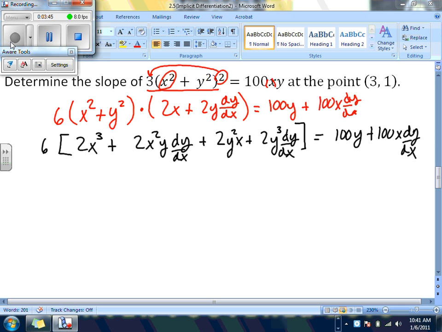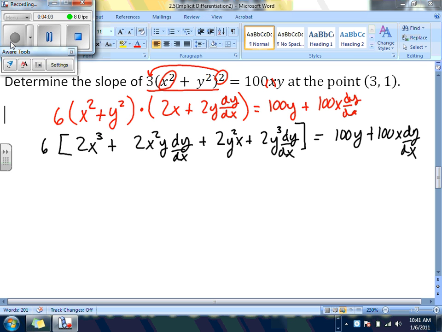Back in the last video, we learned that our step is to isolate the dy/dx. Move everything with dy/dx to the left side, everything that doesn't have dy/dx to the right side. So we're going to try to do that here. I'm going to go ahead and distribute the 6, so I don't have to deal with that 6 on the outside anymore.